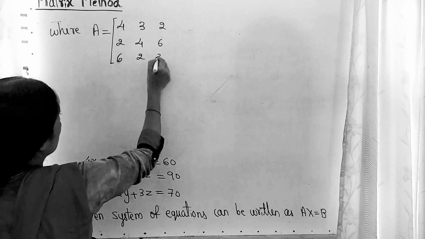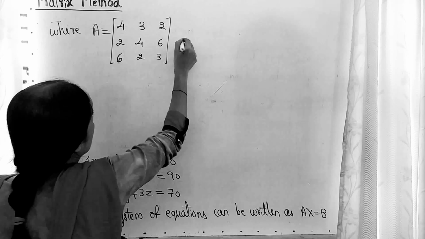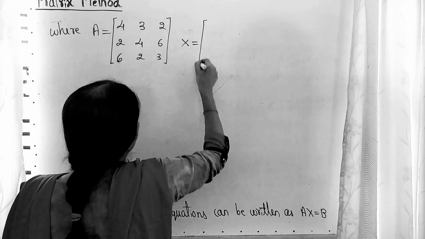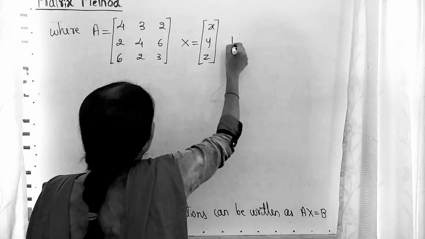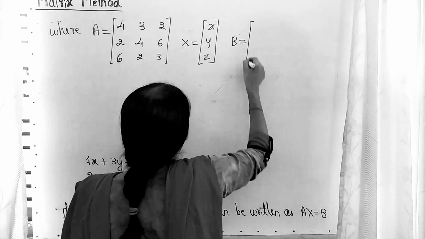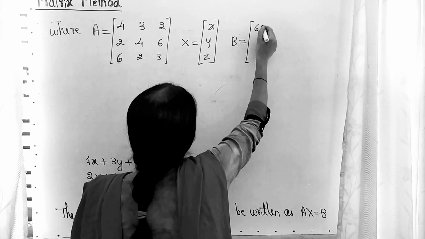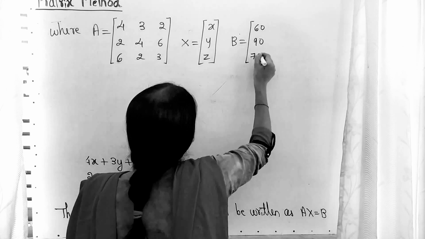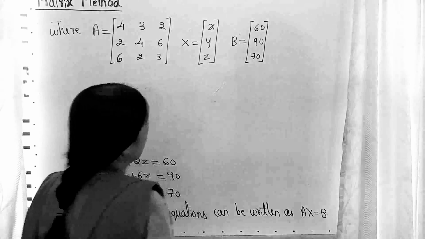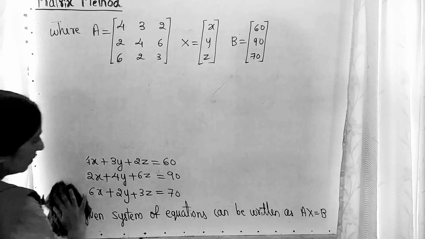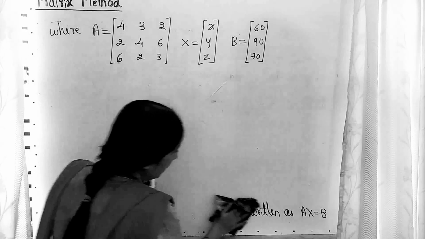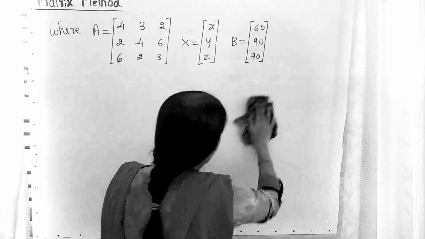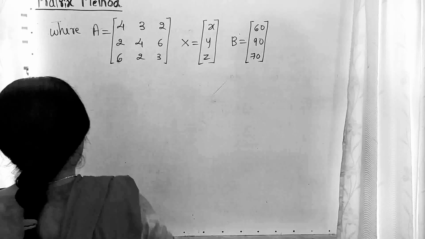And X is the variables X, Y, Z. And B is the constants, that is 60, 90, 70. Is it very simple? This is very simple. Now as usual, first we have to find determinant of A. If it is non-singular, then only the inverse exists.